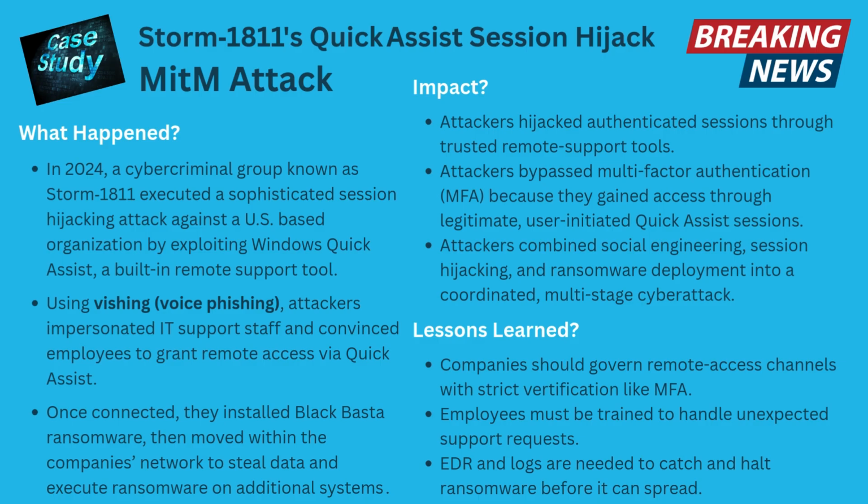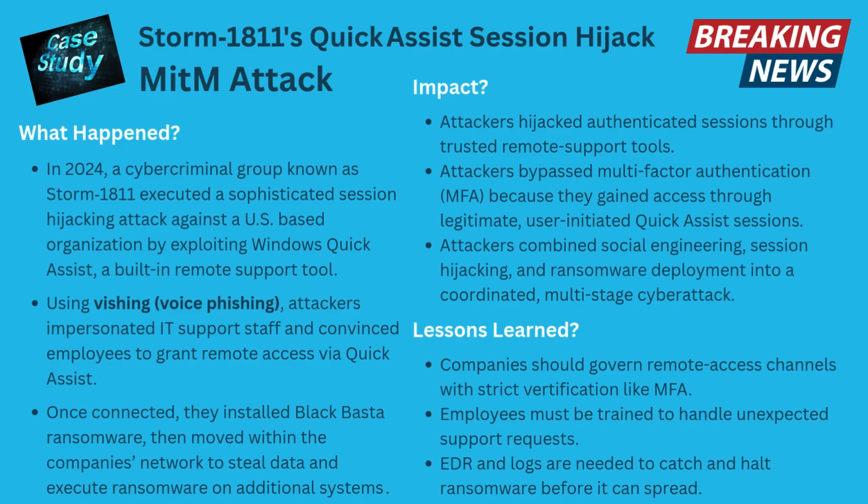This attack combined social engineering, session hijacking, and malware, all in one coordinated hit. The attackers bypassed security controls by using a legitimate support tool. Because the connection was initiated by the user, it didn't trigger the usual alarms, even bypassing multi-factor authentication.